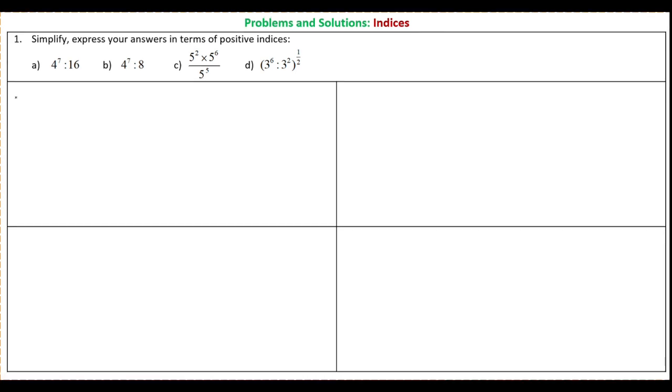In question 1a, 4 to the 7 divided by 16. A good way is to express 4 as a multiplication of prime numbers. So what is a prime number?